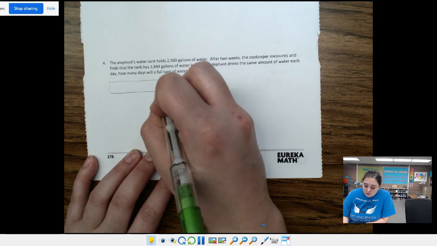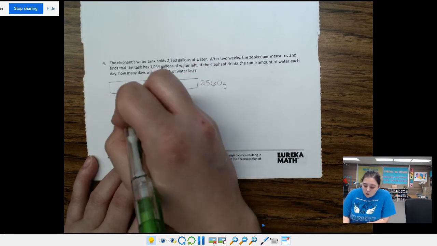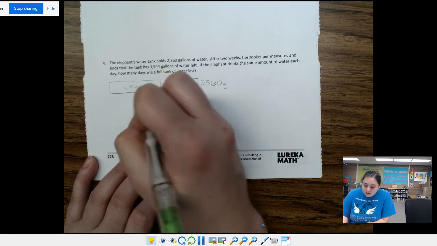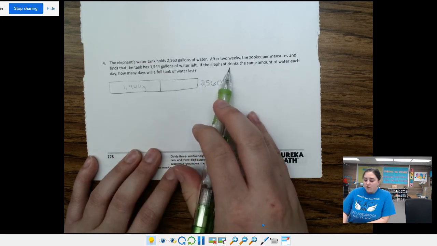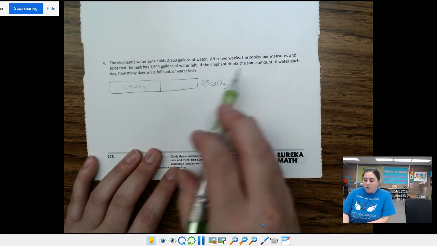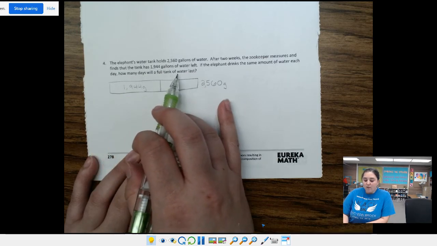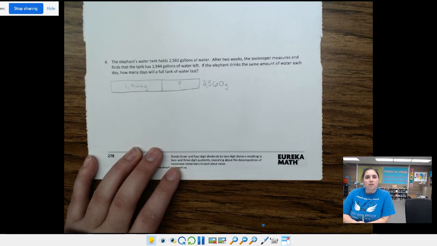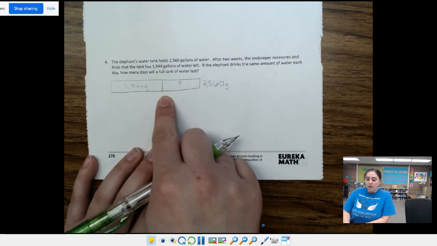So let's say here's the water, and it has 1,944 gallons remaining. If the elephant drinks the same amount of water each day, how many days will the full tank of water last? So we don't know how much was drank in those 2 weeks. Let's figure out that part. How much water did the elephant drink in the 2 weeks?